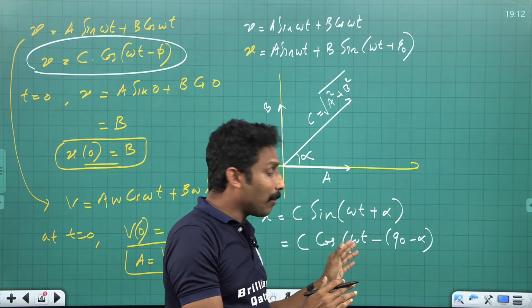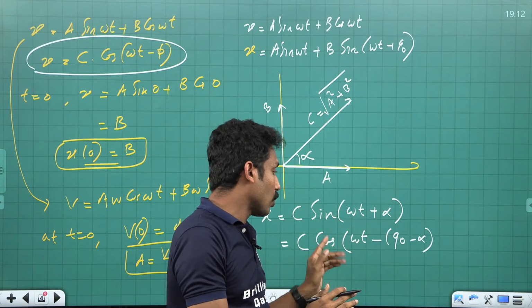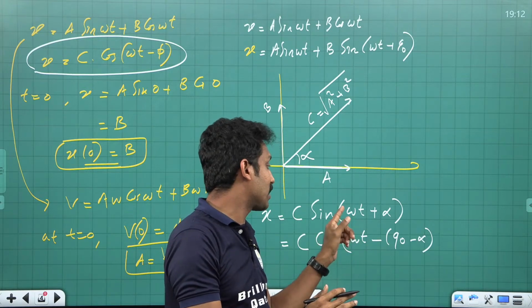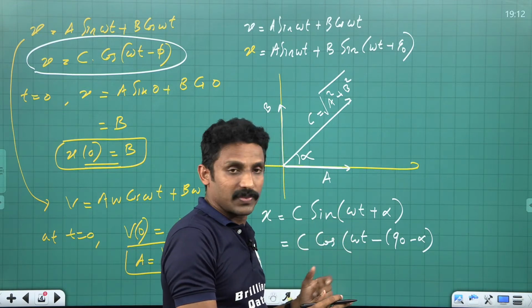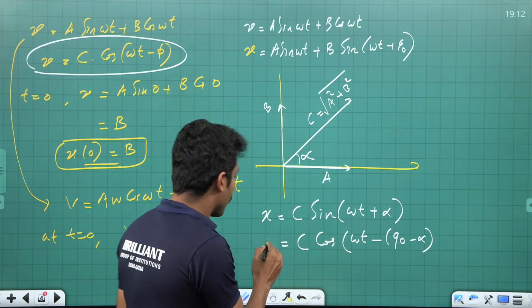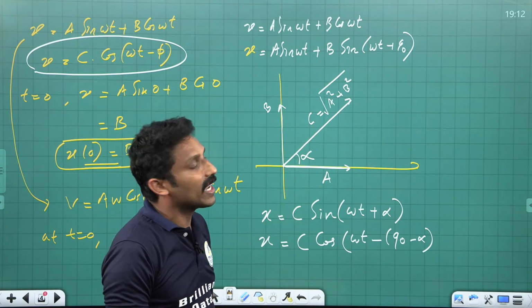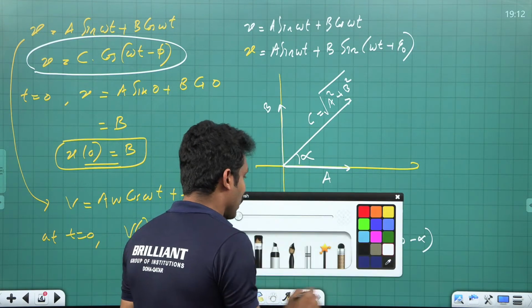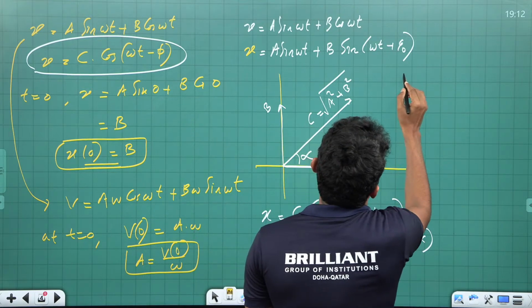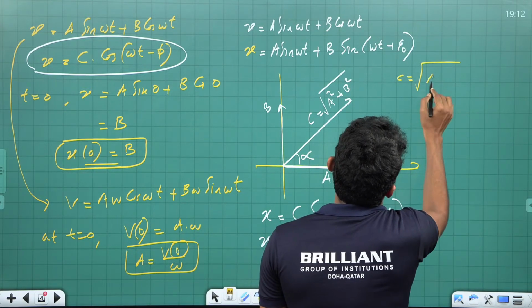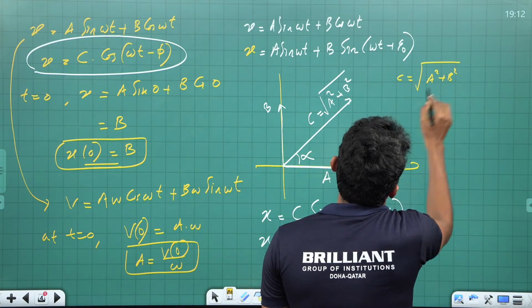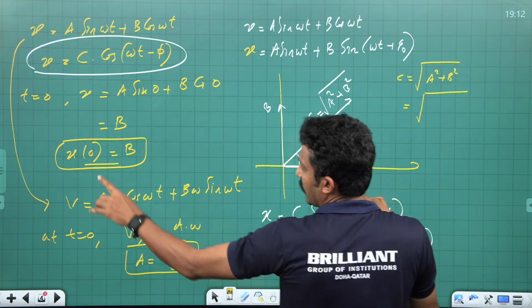Cos theta minus 90 is sin theta. So this is true. You understood? Now the C value is root of A square plus B square. What is A here?